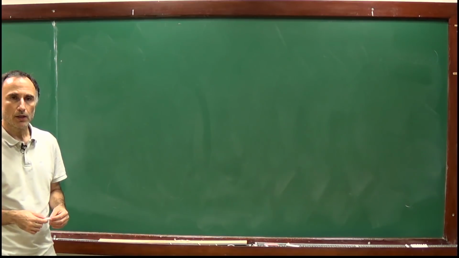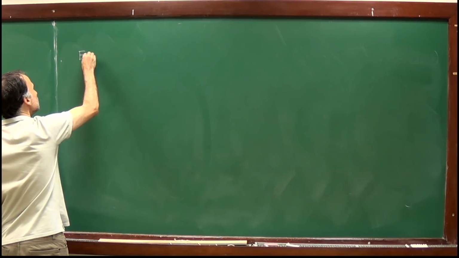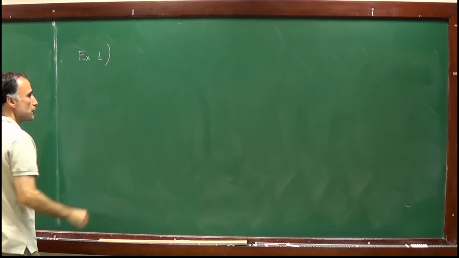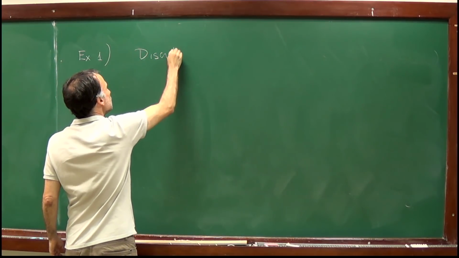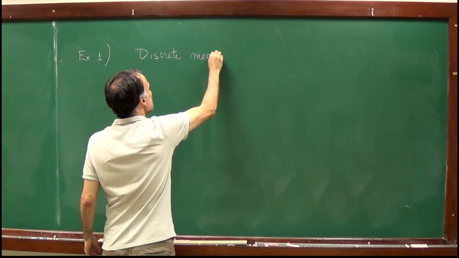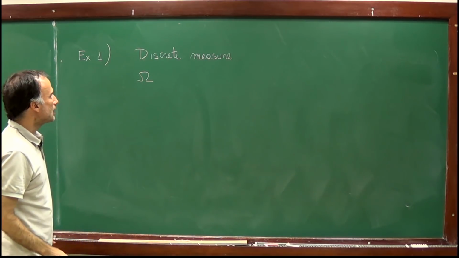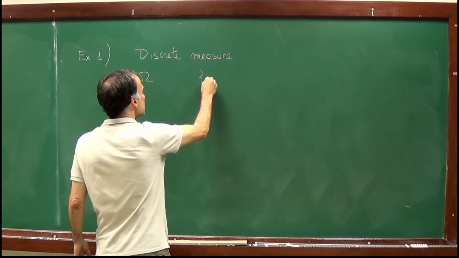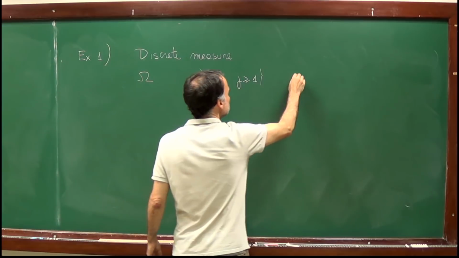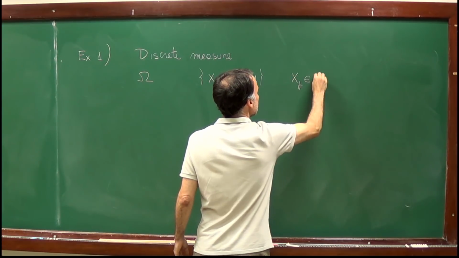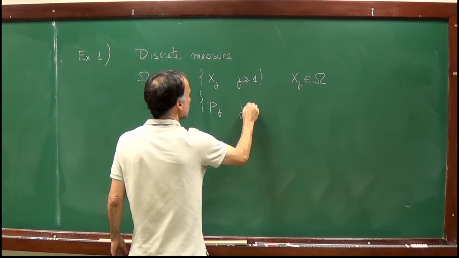So now I want to give you some examples before we proceed. The first example is what we'll call a discrete measure. So we have a set omega, and let's assume that we have a family of points, x_j, of points of omega, and a sequence of non-negative numbers.